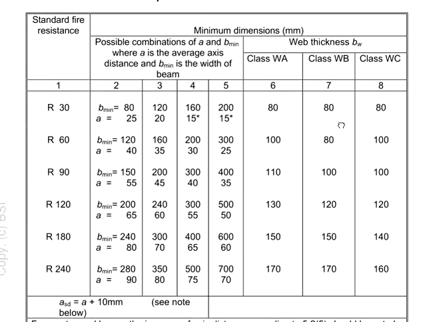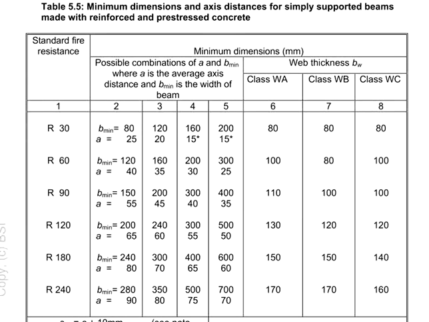Let's say now you are designing a beam with 1.5 hour fire rating. That means you are referring to this. There is a series of combinations of the b min and also the a, giving you different options.